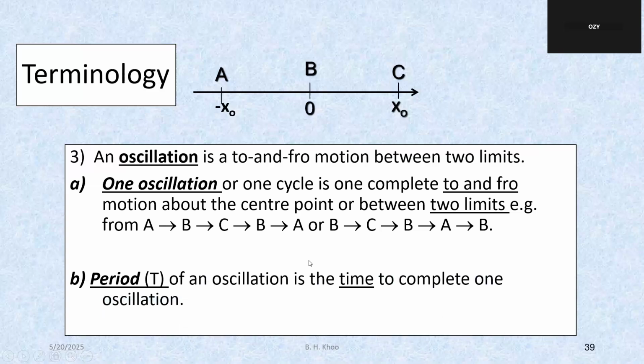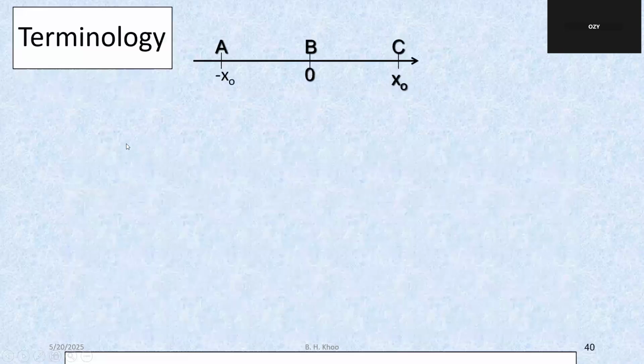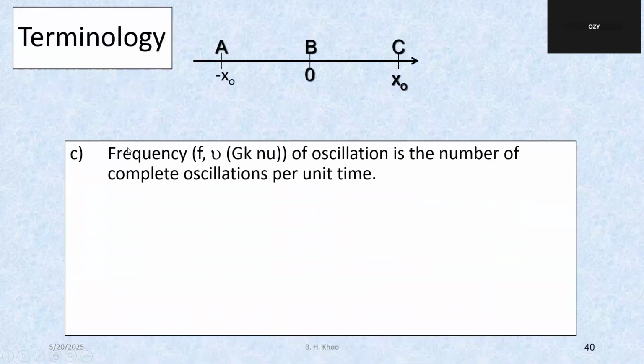The period of an oscillation is the time to complete one oscillation. Right? Same as waves. Period. Frequency. Right? Either we use the Greek letter nu or f. Frequency is the number of complete oscillations per unit time. The unit is hertz, or cycles per second, or just per second.